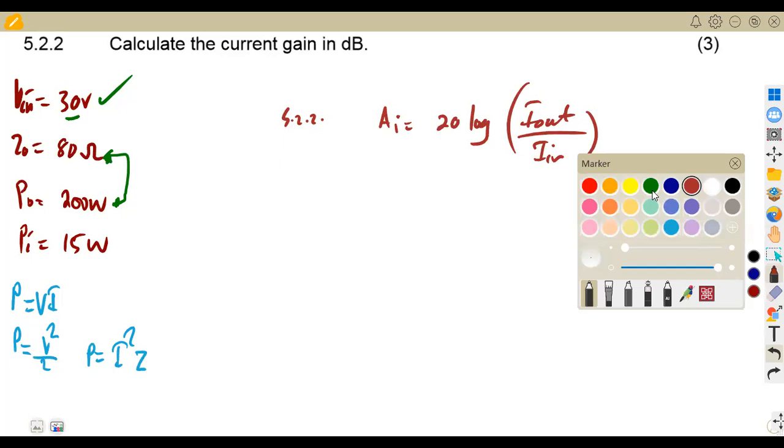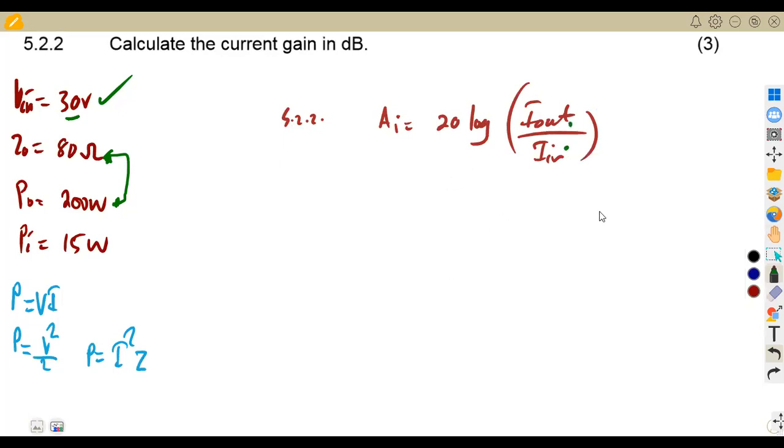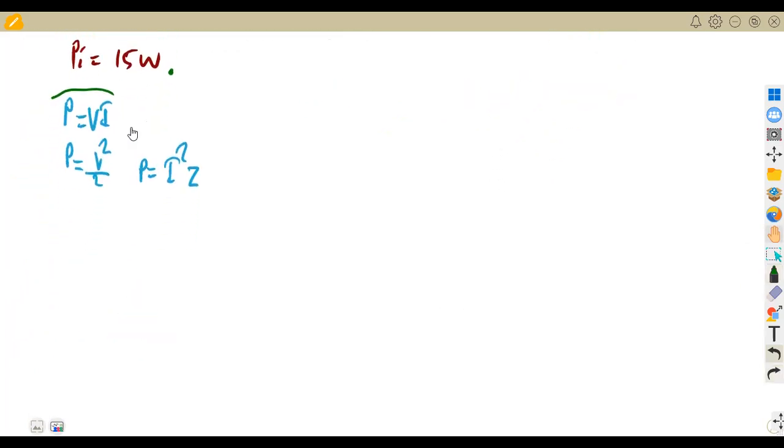We do not have either of these two. To find the input current, consider what we have at the input: voltage and power. To find current, the best formula is P equal to VI.